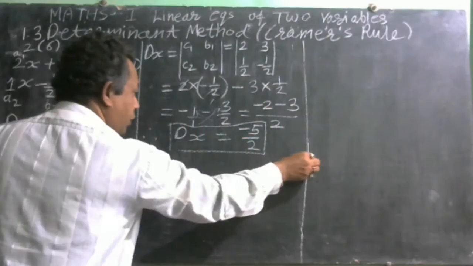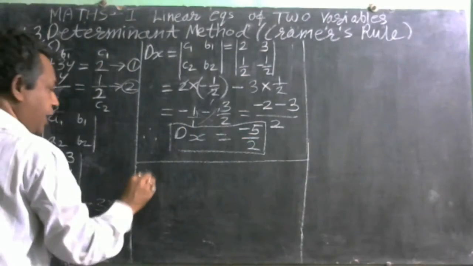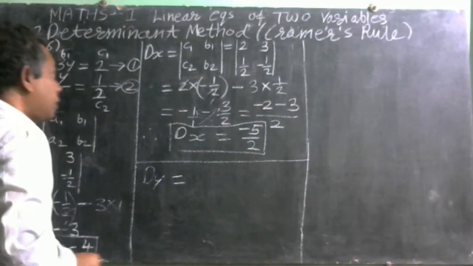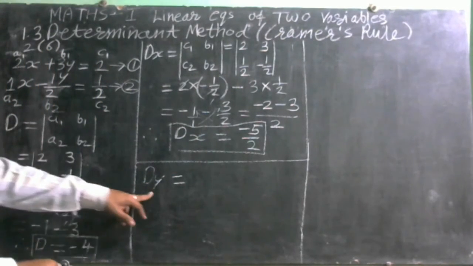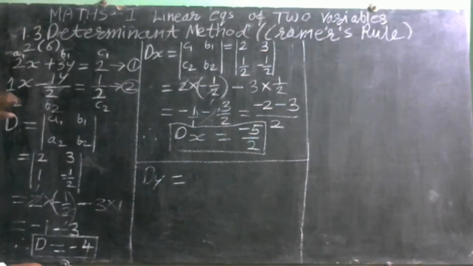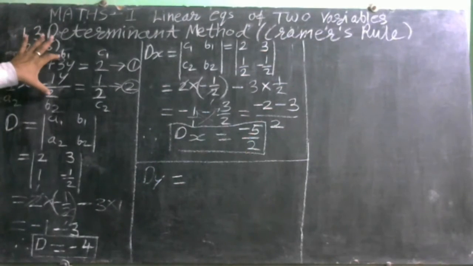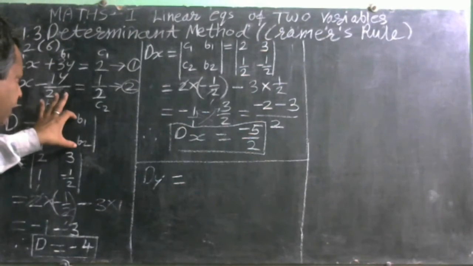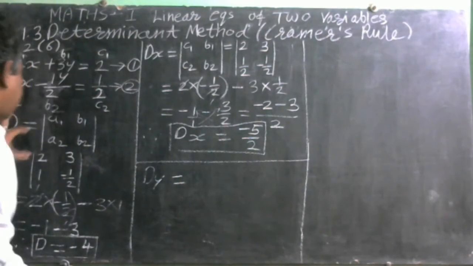Okay. Now we have to find the value of Dy. Dy equal to, now as we have to find Dy, we have to eliminate the coefficient of y. In place of b1 and b2, we have to put the values of c1 and c2.